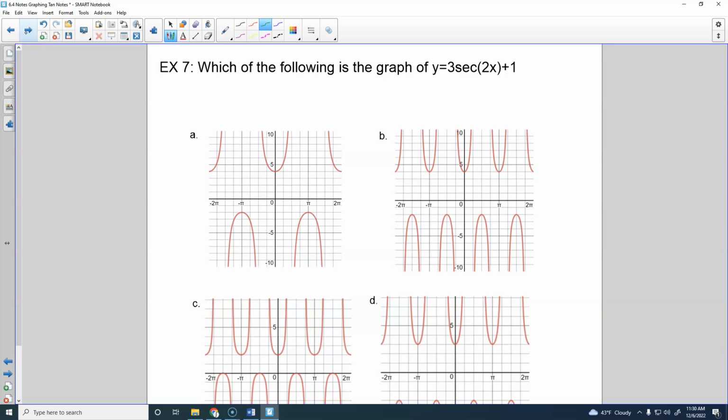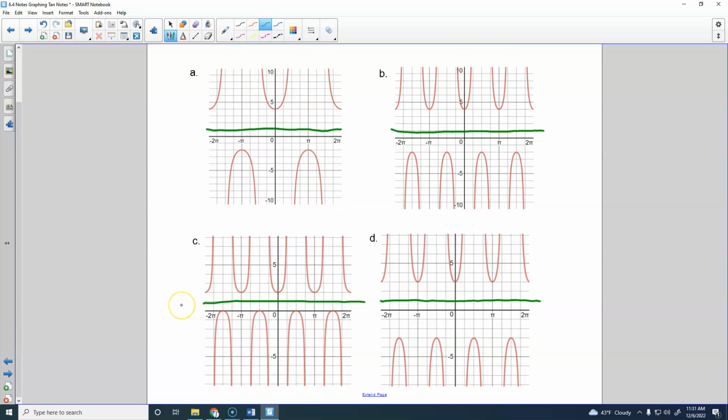Okay, secant of 3, 2x plus 1. All right, so what is our midline? 1. So I'm going to draw in a midline at 1 on all of these and see if that looks right. Does that eliminate any of these?